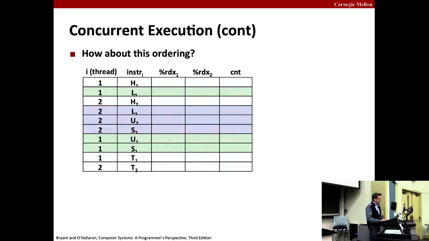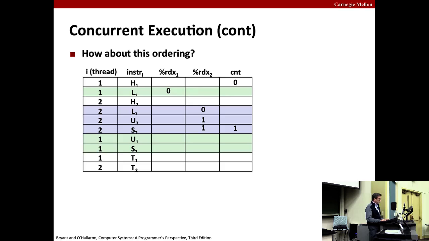Okay, so let's look at another example. Here thread 1 starts. It loads count into RDX. Then thread 2 starts, and it loads count, which is still 0, into RDX2, updates it, and then stores it. So now count is equal to 1.